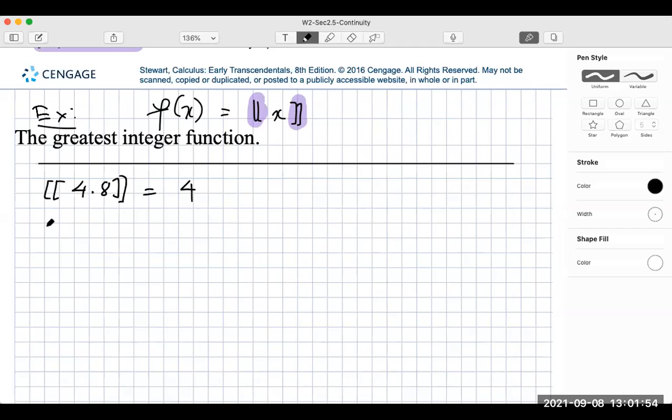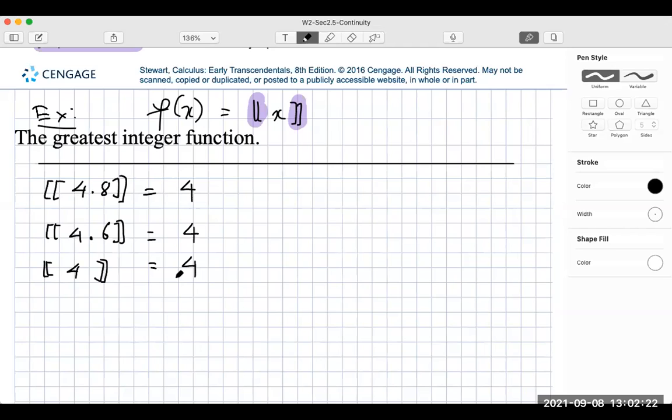How about the greatest integer of 4.6? What is it? The same thing, right? Good job. 4. How about the greatest integer of 4? It's still 4, smaller or equal to this value.